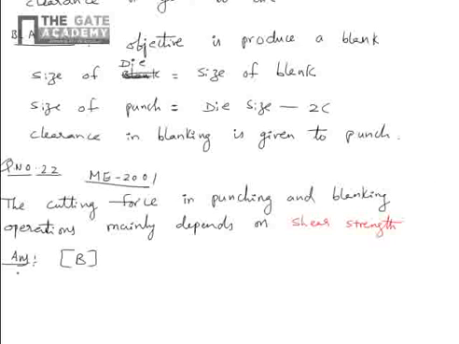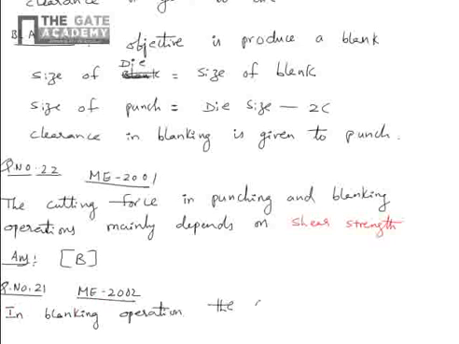Question number 21, GATE 2002. In blanking operation, the clearance is provided on where?